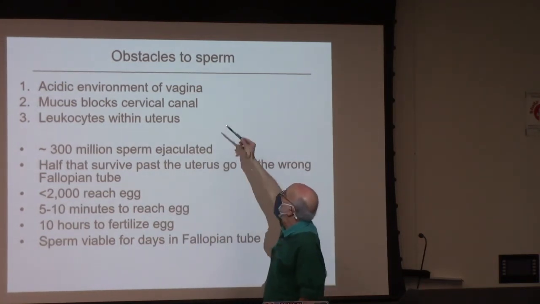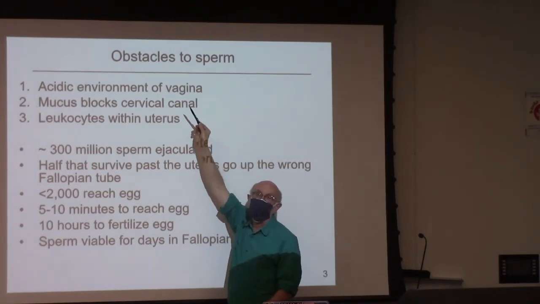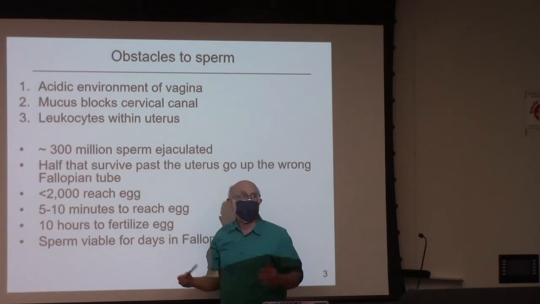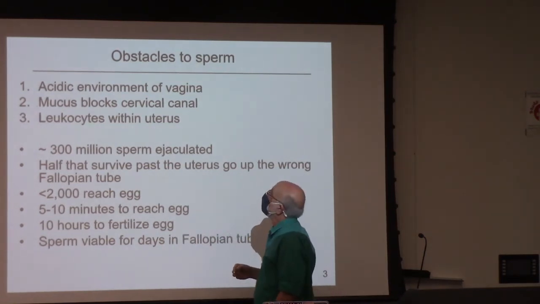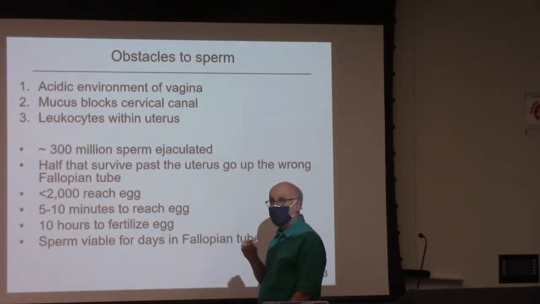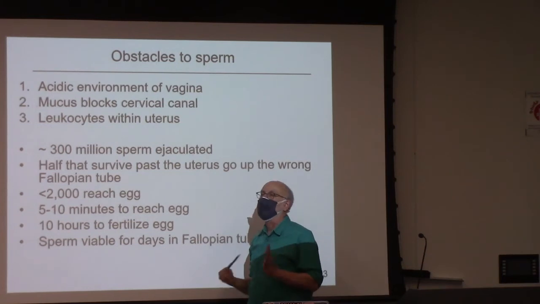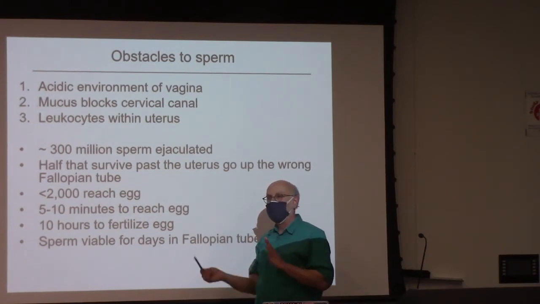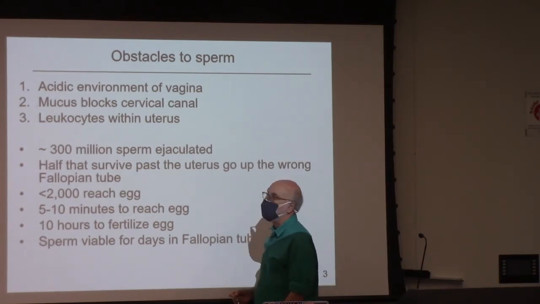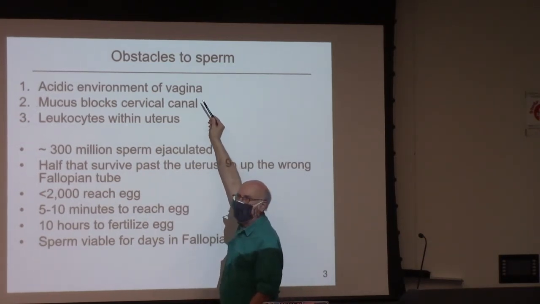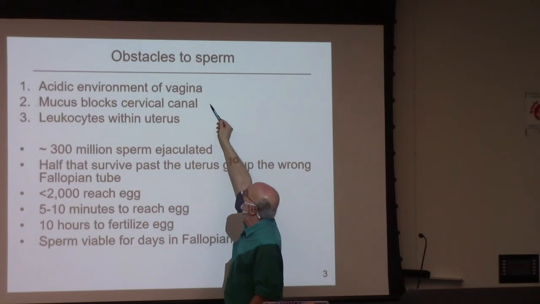The negative consequence is that it kills them off, so that is an obstacle to sperm longevity. In addition, as we'll see in a moment, the acidic environment is also important for sperm to do what they need to do, which is fertilization. So it's a yin and yang thing, a positive and negative thing. Negative is that the acidic environment is hazardous to the sperm.